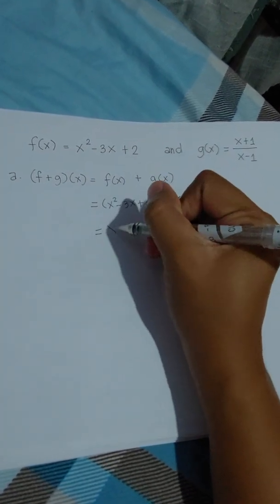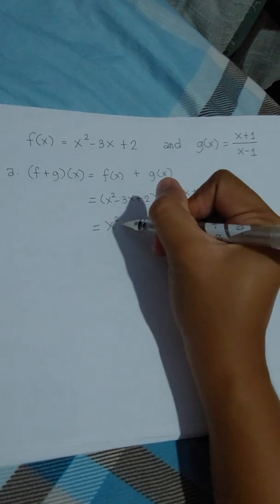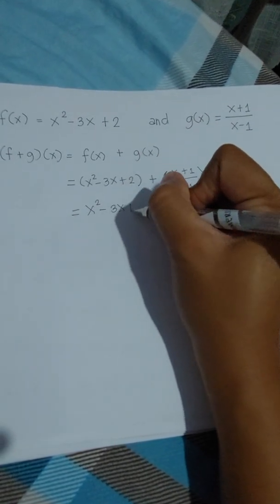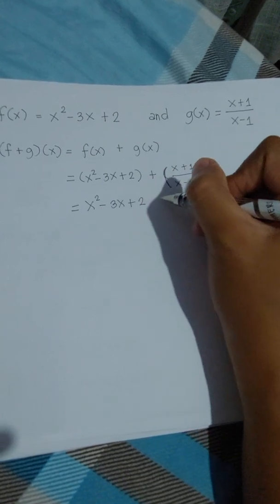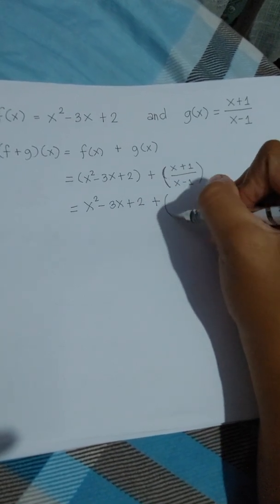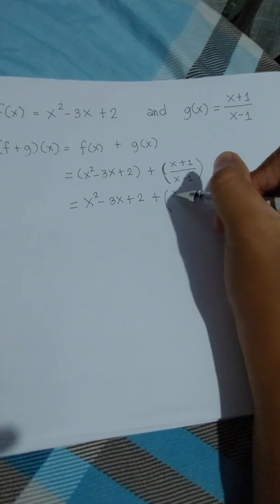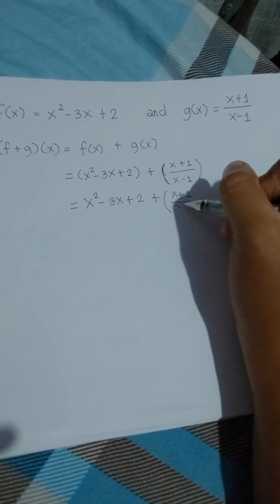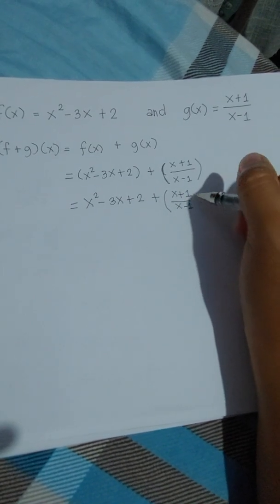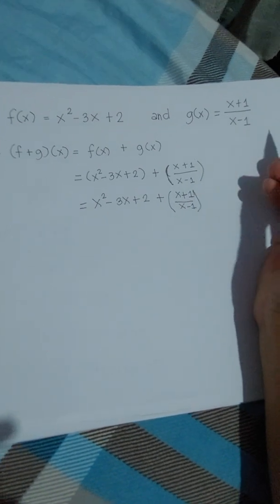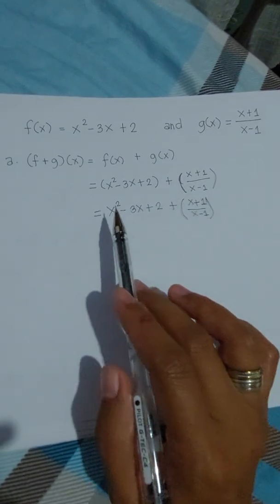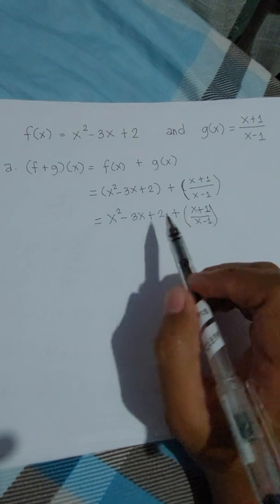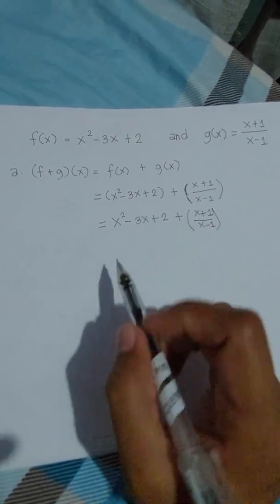So we have here x squared minus 3x plus 2 plus x plus 1 over x minus 1. Okay. Now, it should be removed already. Okay, as is.